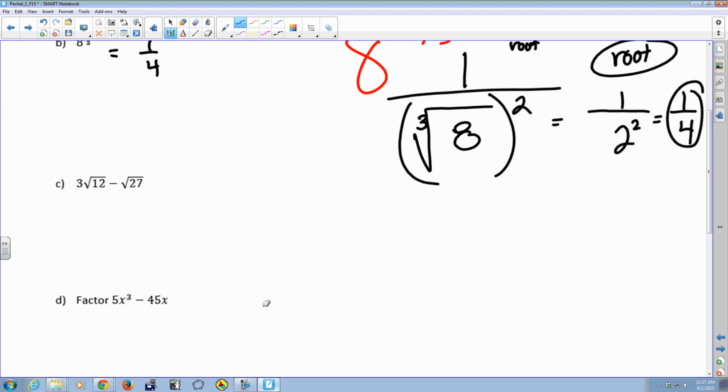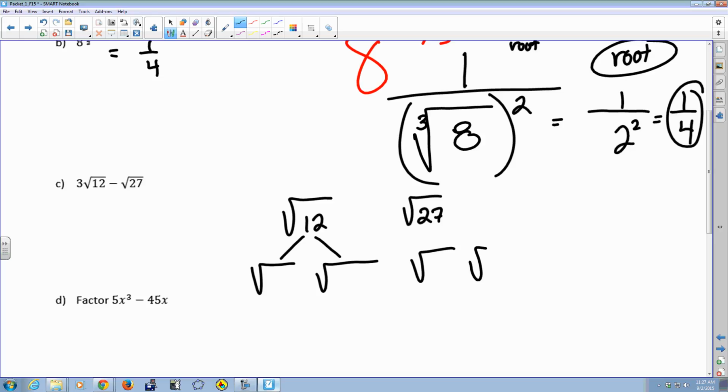And in order to do that, on the side of your paper, you ask yourself, can I factor these radicals into 2 different factors where one of these factors are exactly the same? In other words, is there a radical or a number? Let's make it easy. Is there a number that divides 12 and 27?